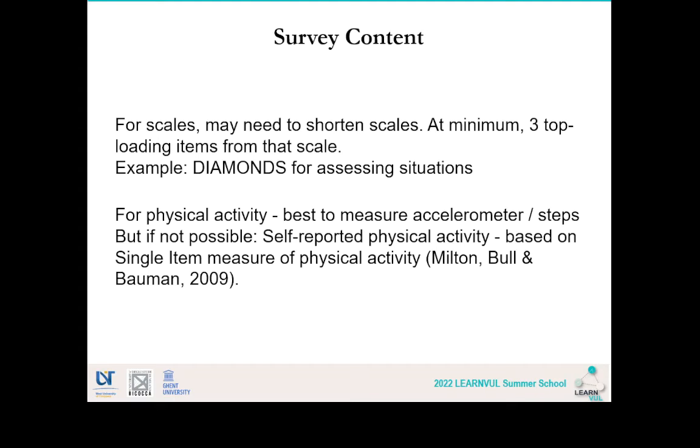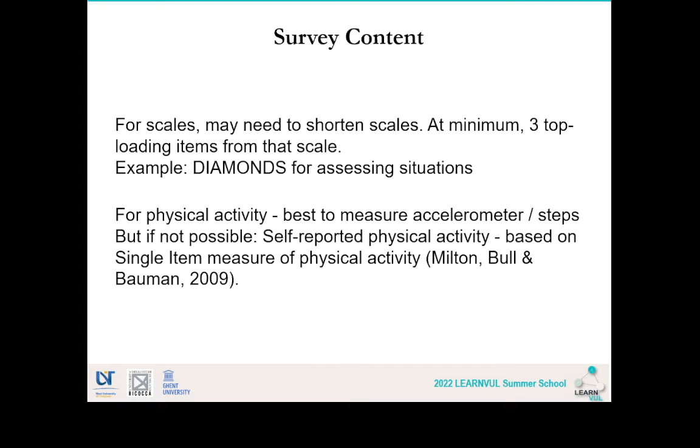For example, when we did the study on situation assessment and emotion, we used DIAMONDS, which is the short version of a survey assessing the subjective perception of what is happening in the situation. For physical activity, we have the IPAQ, which would be the full measure, but the best would be a step counter or accelerometer.